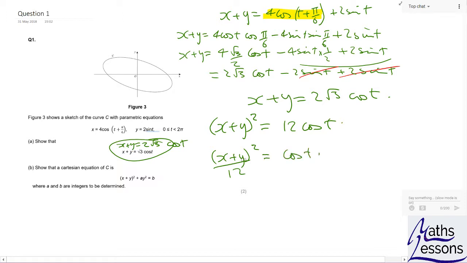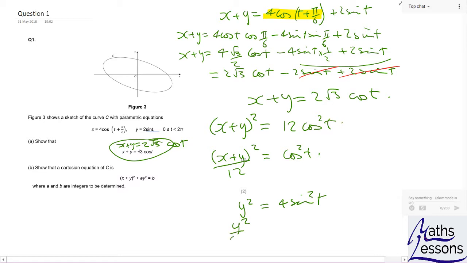Now if I actually work out y squared, that's going to give me 4 sine t, and I've just made a mistake here, haven't I? I need to put a cos squared there and a cos squared there, and then I need to put a sine squared in there.